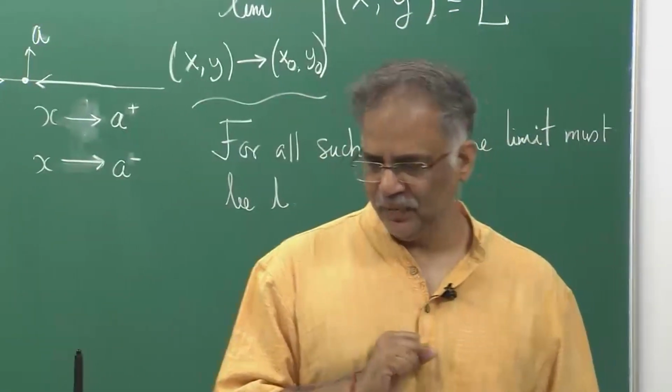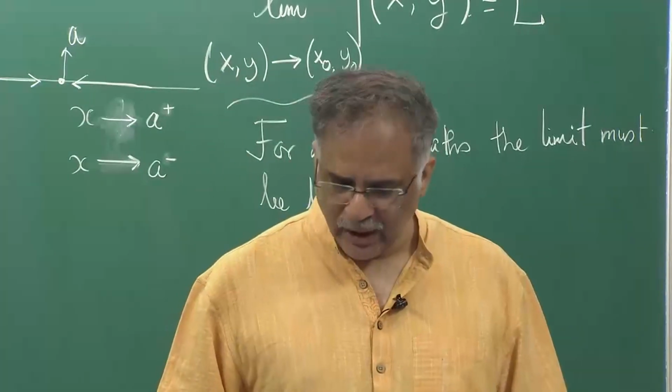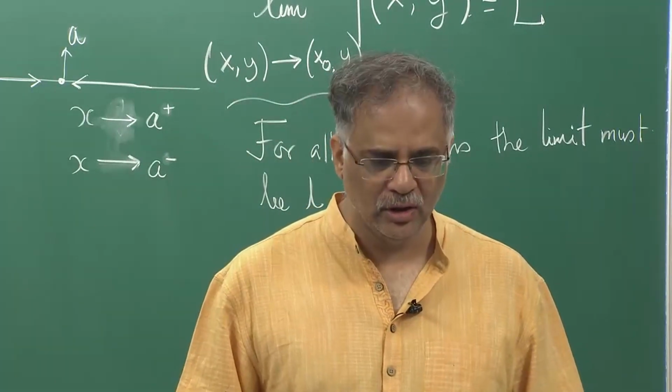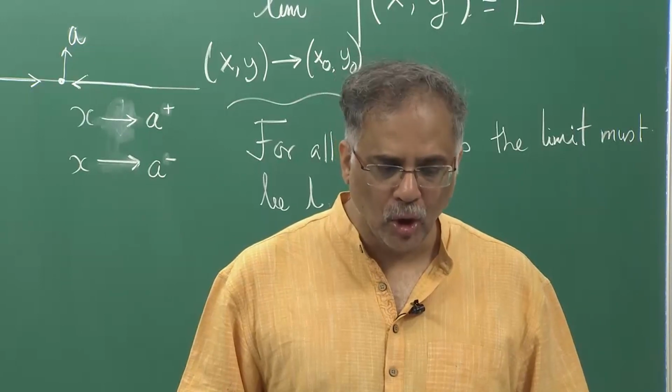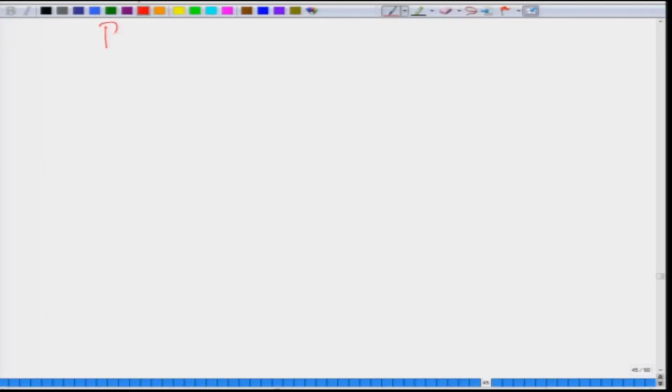So, then let me go ahead and define what is called a ball of radius delta centered at x naught.